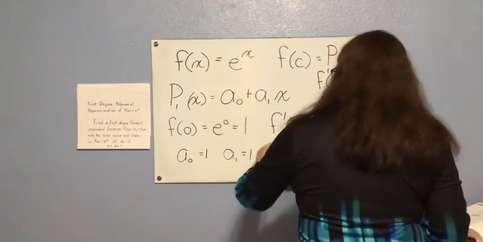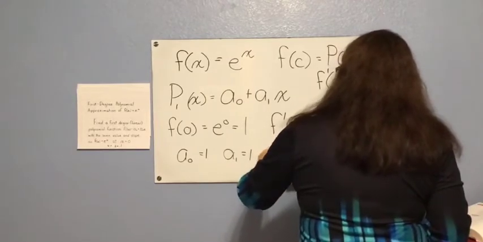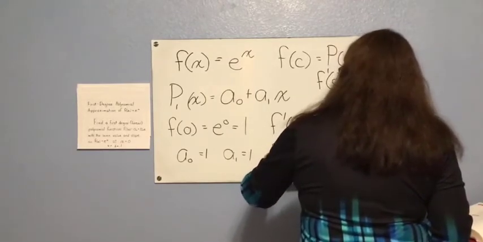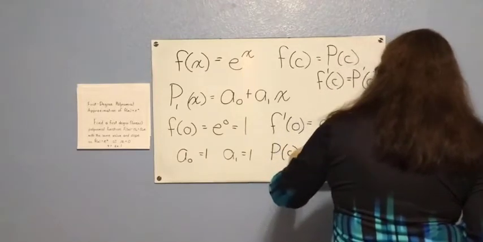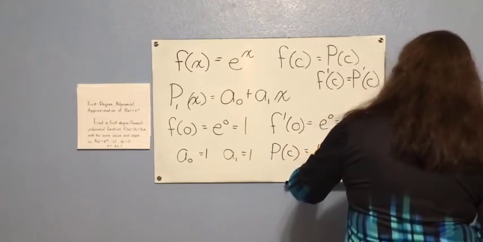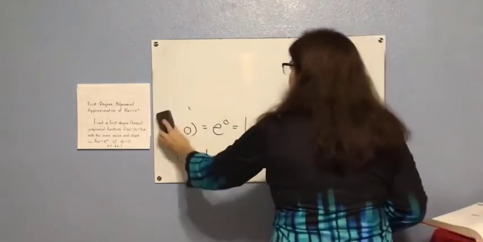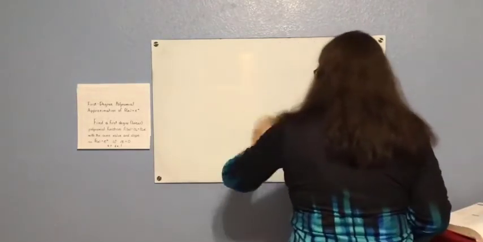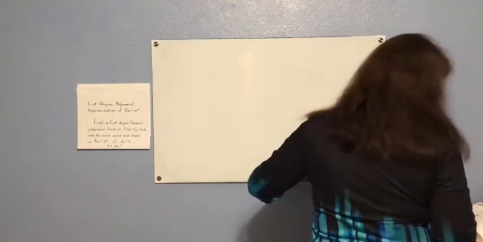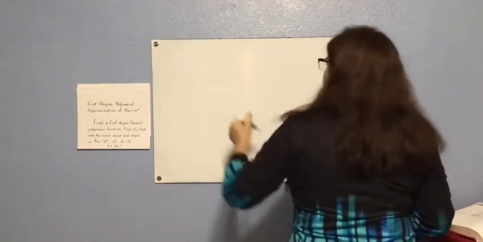So my function p of x is equal to 1 plus x. If I were to draw a graph of these two functions, it would look something like this.